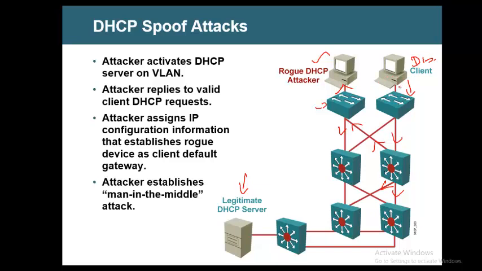So before the legitimate server responds to the discover packet sent by the client, before the legitimate server provides an offer, the rogue DHCP provides an offer. What is that offer? Offer is not offering an IP address. Here it is saying, if you will accept me, this is my address to you. That is why it is called an offer.